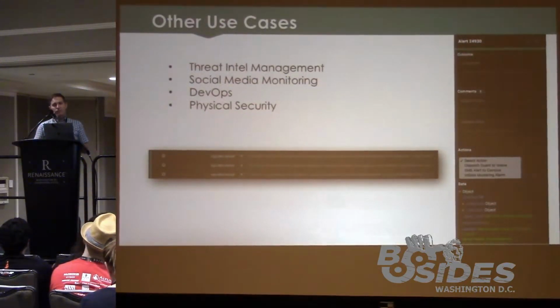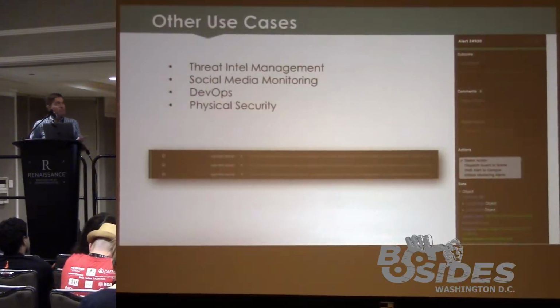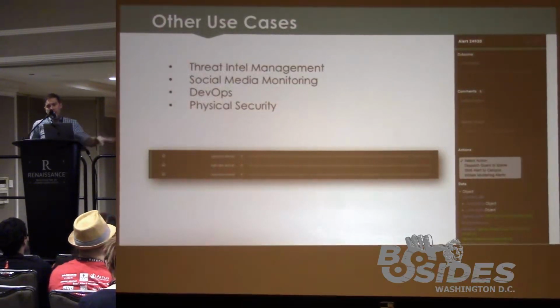And then we did it for tracking drug dealers all across Miami-Dade County in Florida. That was really interesting, and we got hundreds of gigs of data in for that. We said, wow, this is really scaling well. So then we pivoted to a more security-oriented use case that's more specific to what we were doing at the Security Operations Center. We're also using this for monitoring DevOps, different triggers and events that are going off within our clusters, and then physical security.